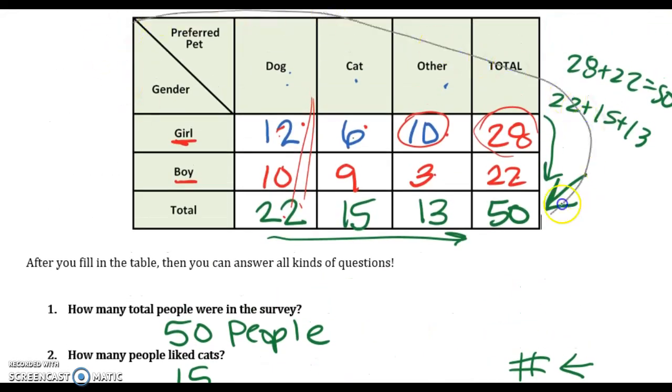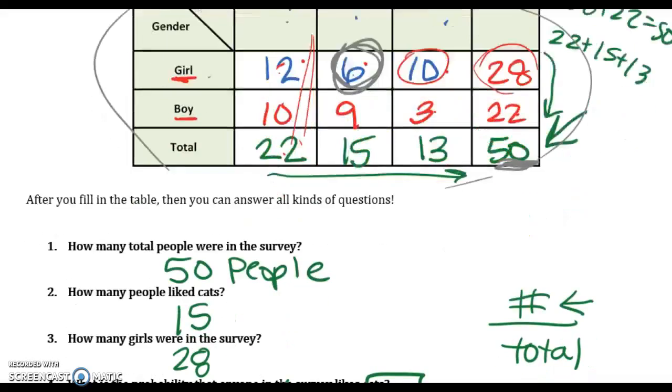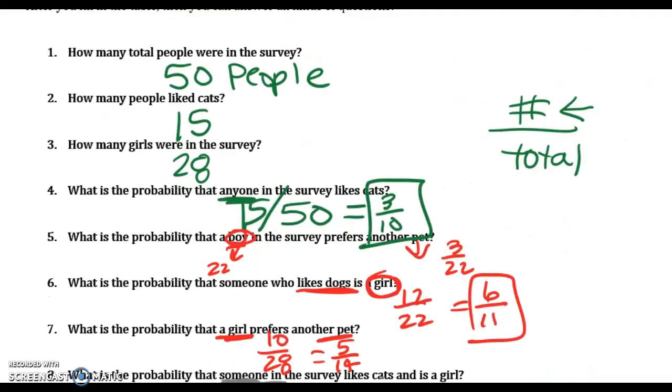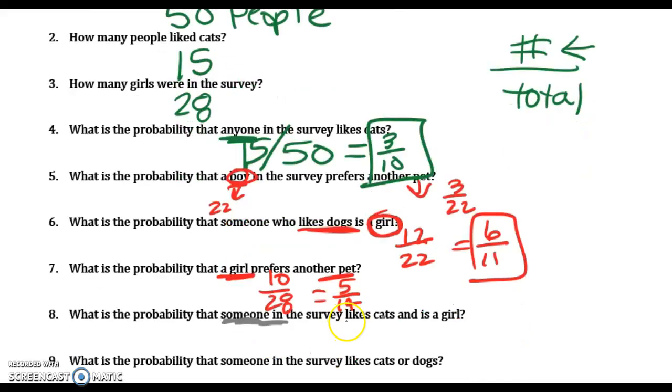So out of the whole survey, the 50 people, what is the probability that if you grab a random person, that person is a girl and also likes cats? So you're really only looking here. There's one box that fits that category, is a girl and likes cats, 6 out of the 50. So you would say 6 out of 50, which is 3 out of 25.